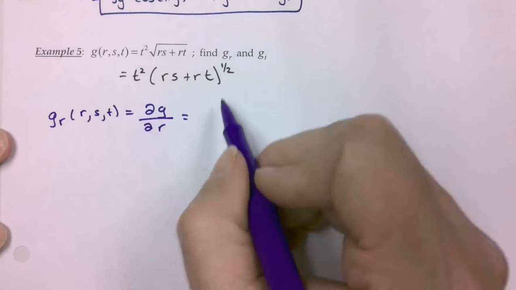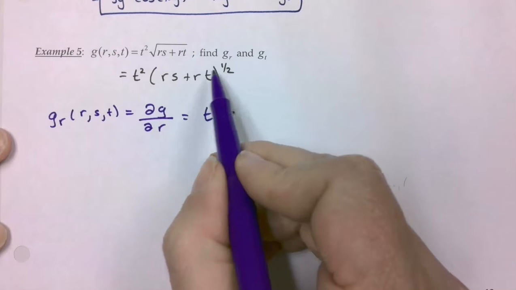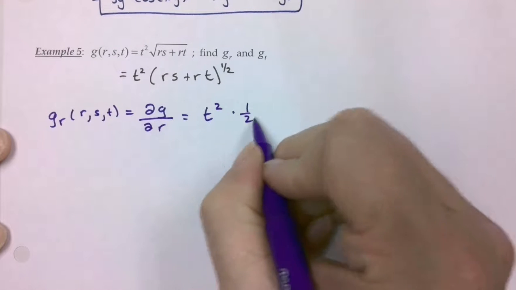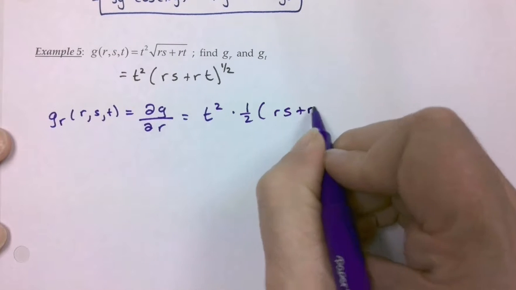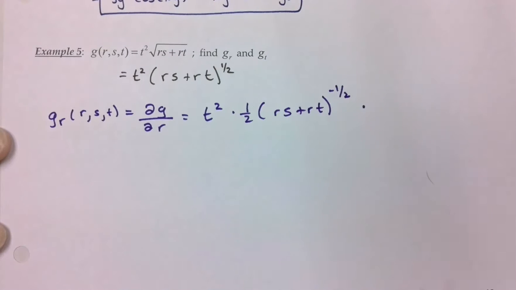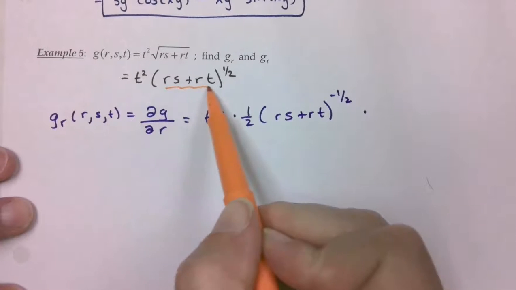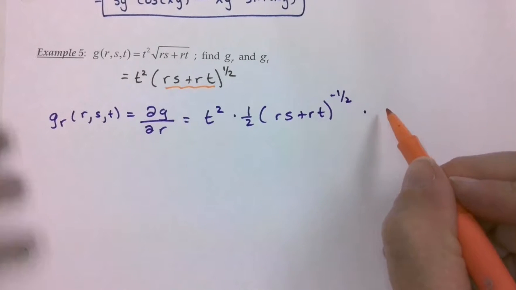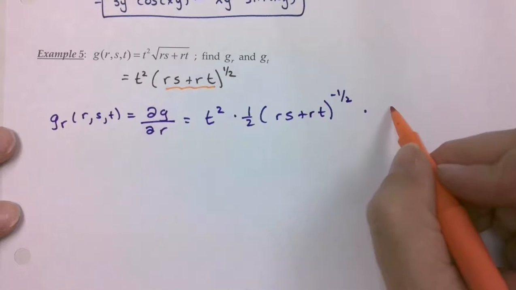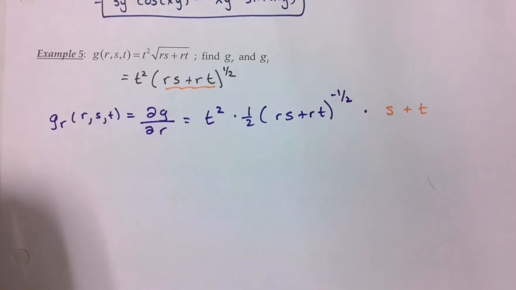So I'm going to write my t squared times, and then if I want to take the derivative of this part, I would do 1/2 (rs plus rt) to the negative 1/2 times, now because of chain rule, I would need to take the derivative of the inner part right here. So from chain rule, the derivative of rs is s, and the derivative of rt is t.